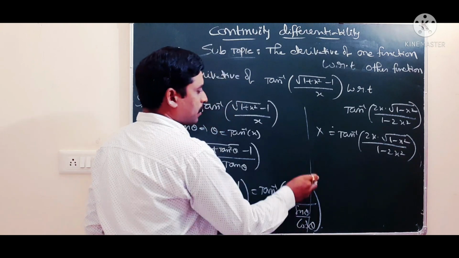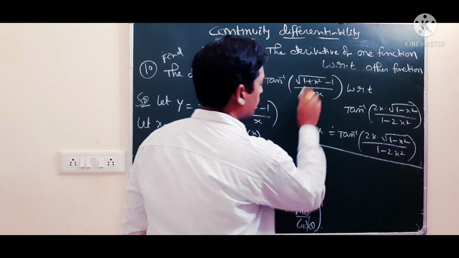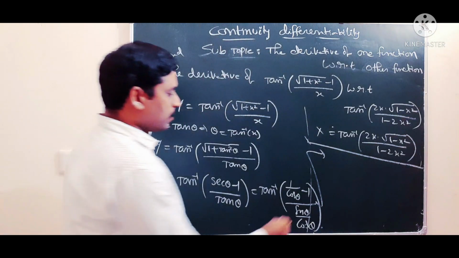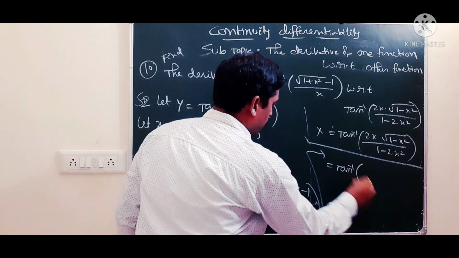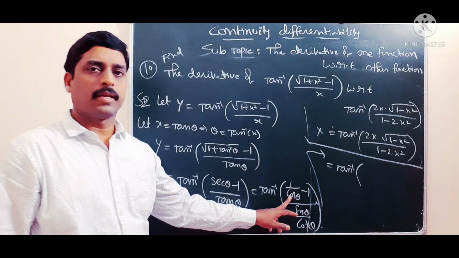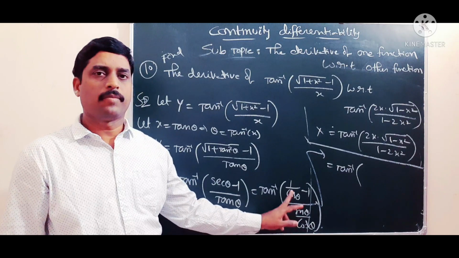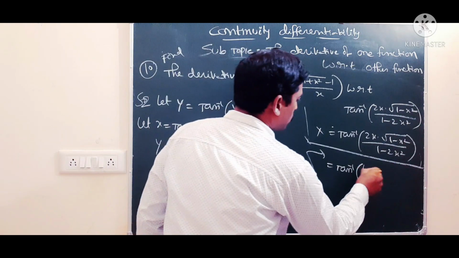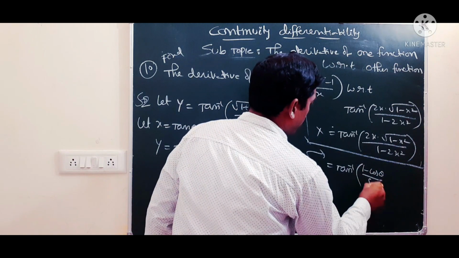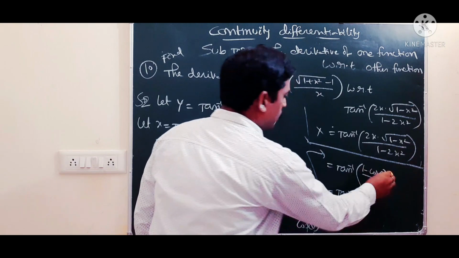Continuing, this is equal to tan inverse. Let us do the LCM. Cos theta is the LCM, so 1 minus cos theta by sin theta. After the LCM, cos theta gets cancelled. So this will be tan inverse of 1 minus cos theta by sin theta.